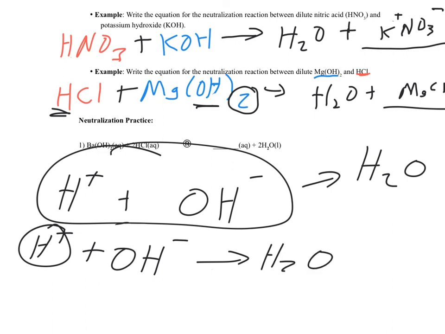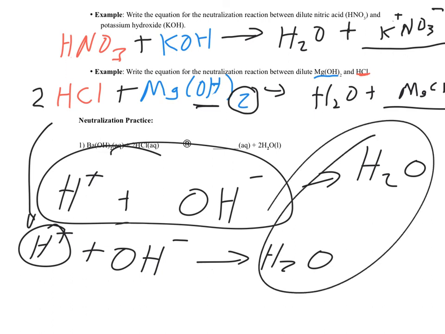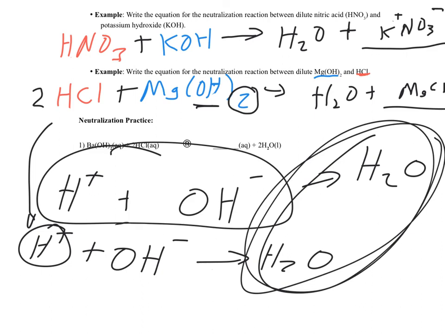That means we're going to have to change our reaction just a little bit. We need to double the amount of H plus ions that we have. 2 HCl. That gives us our second H plus ion that we needed, and it also makes 2 waters. So careful, that means we definitely need to put a 2 in front of that.